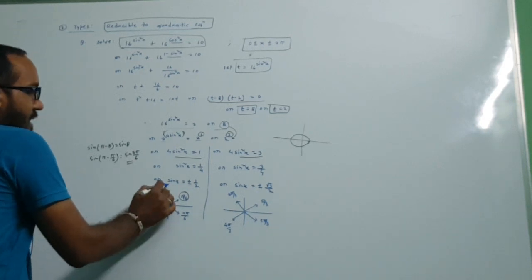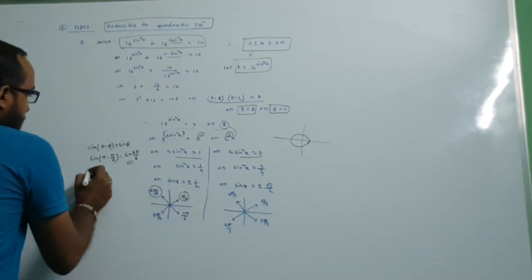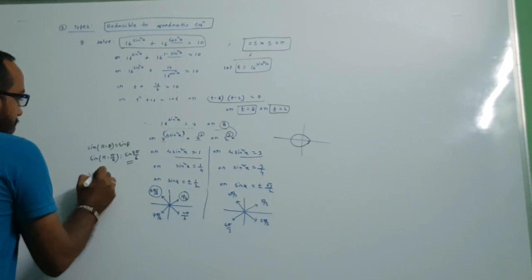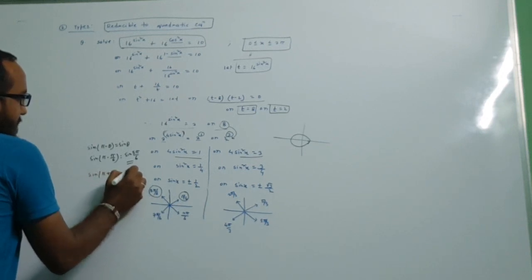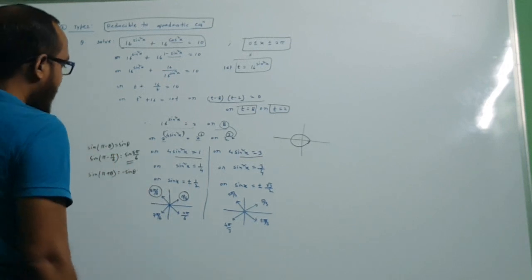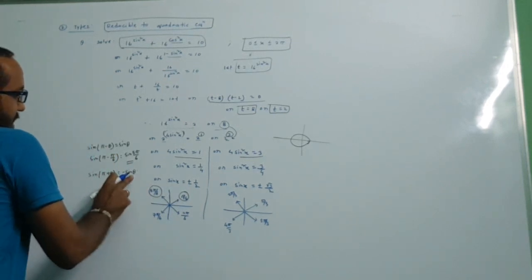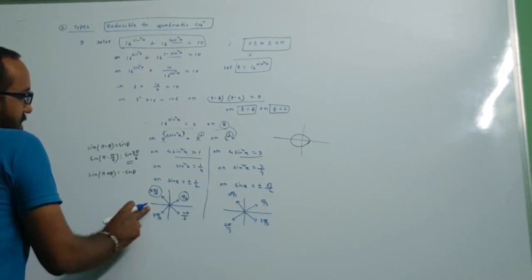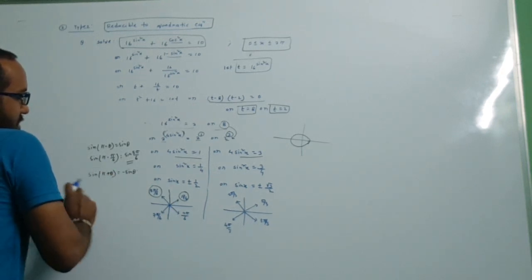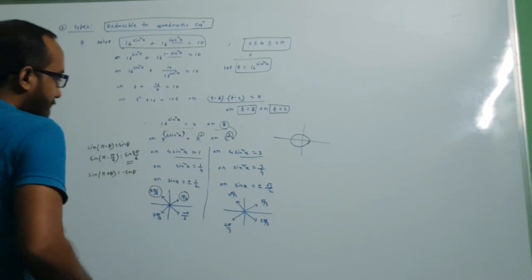Now see, if we take sin x equals minus half. We know sin of pi plus theta is minus sin theta. Pi plus theta is in the third quadrant. In the third quadrant sin would be negative. So this is minus sin theta.